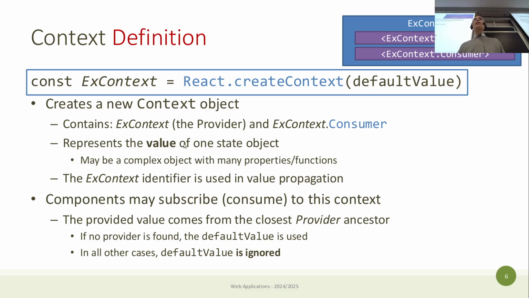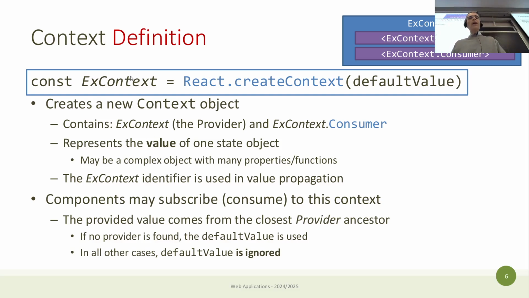It means that it has some properties that are available when you use the context. Remember that the value is just one, but it can be any JavaScript value. So typically it's an object, a JavaScript object, so you can store more information inside the context.